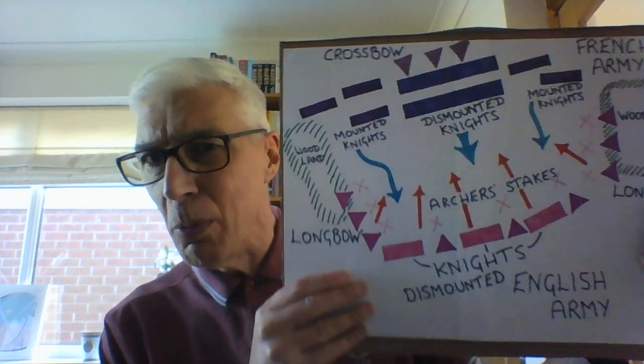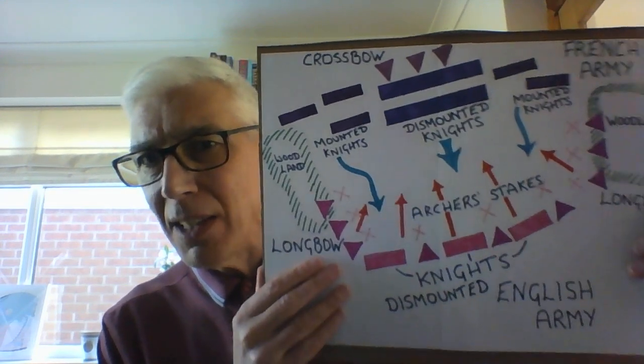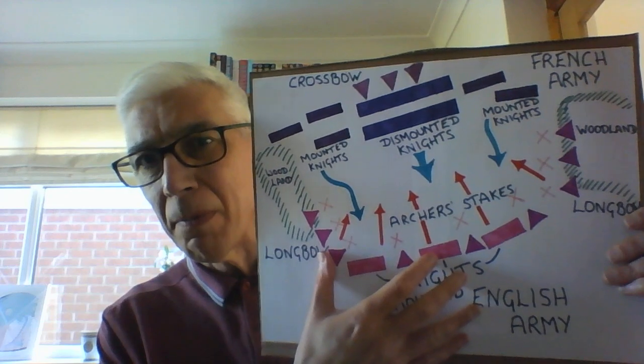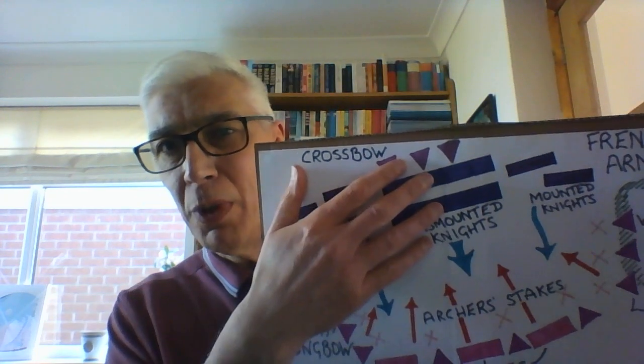That did not normally happen, but he felt he had to do it to protect his men. The French withdraw. The Battle of Agincourt was over. A huge victory, unexpected, for Henry and his outnumbered army.